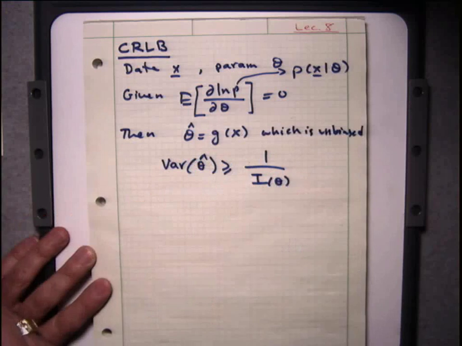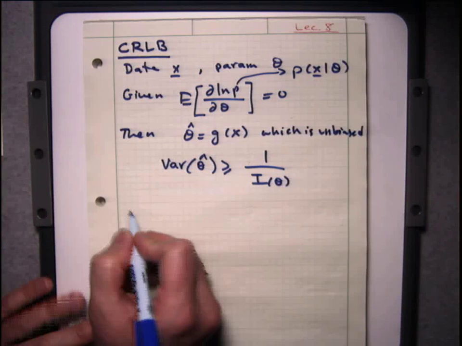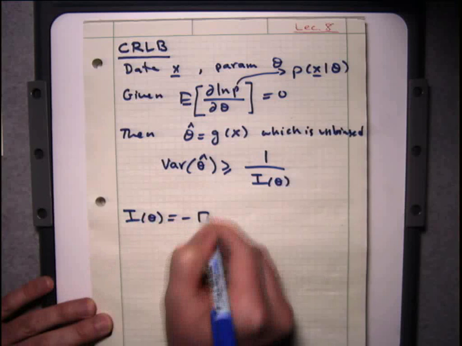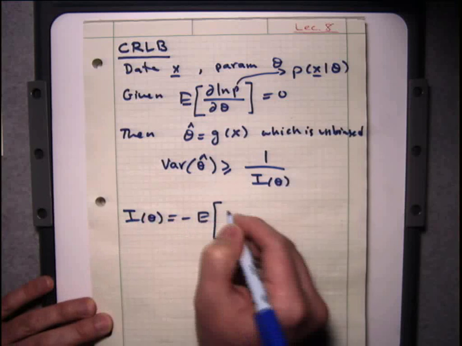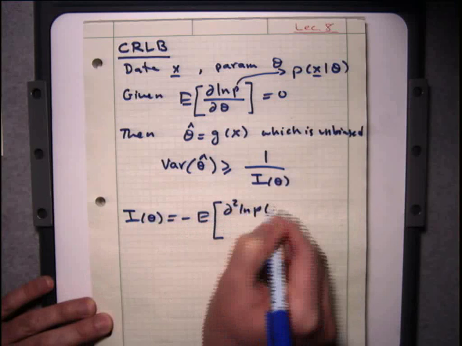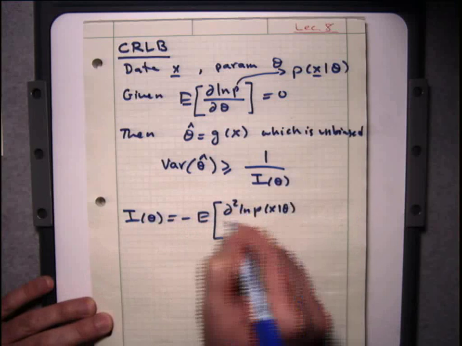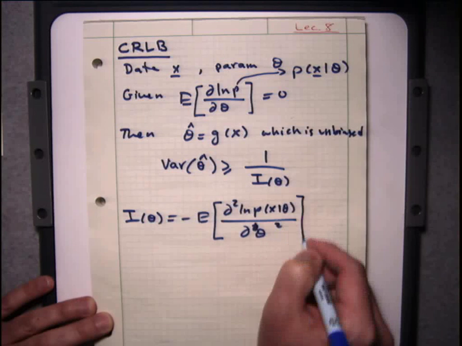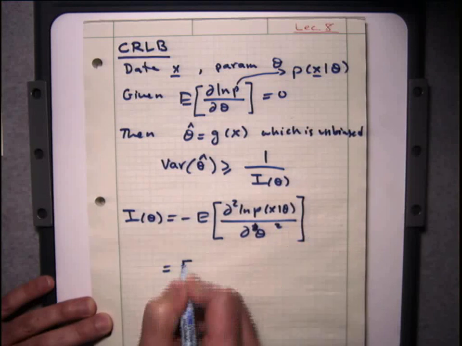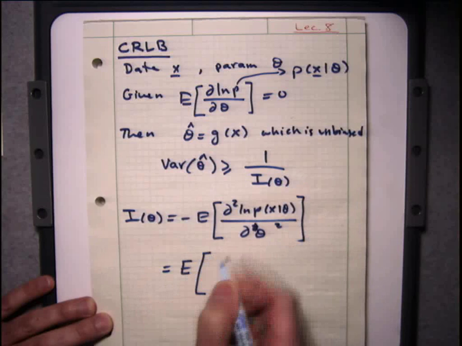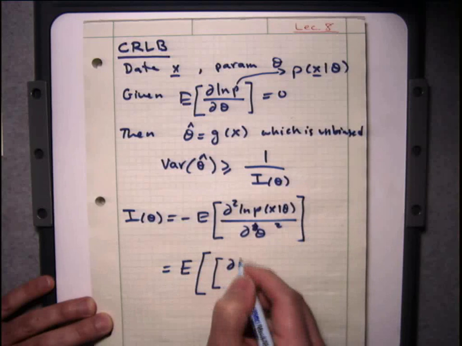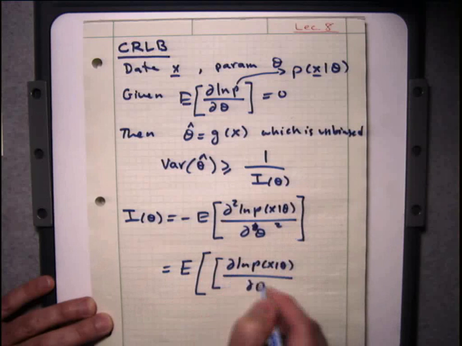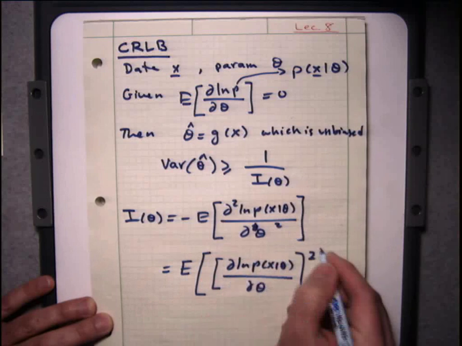And if you remember, the Fisher information had two different definitions. So this I of theta could be written as minus the expected value of the second derivative of this log likelihood function. And it's also possible to write this as this first derivative squared expected value.